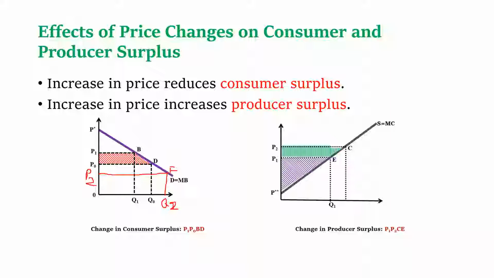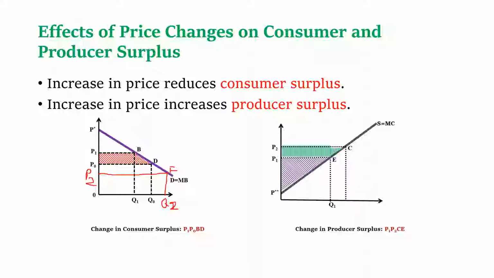We notice that if the price were to fall to P2, then the consumer's welfare is going to increase, in the sense that the consumer surplus will increase as a result of the fall in price.